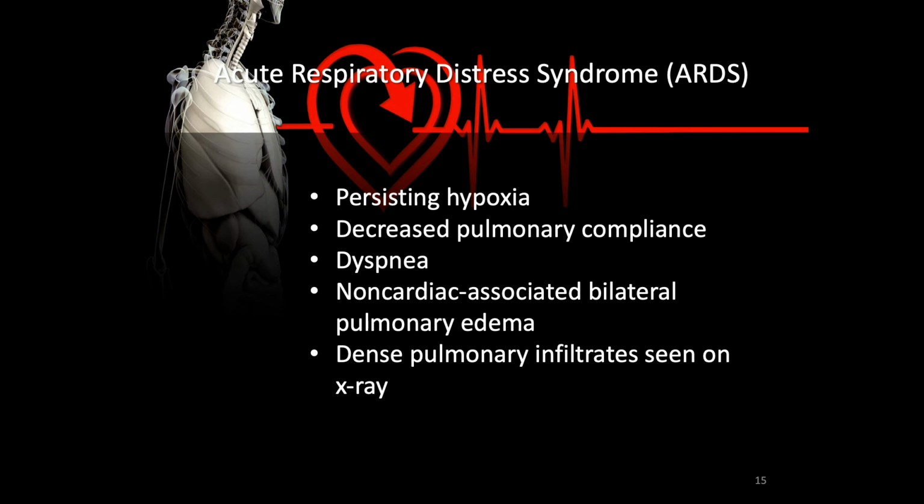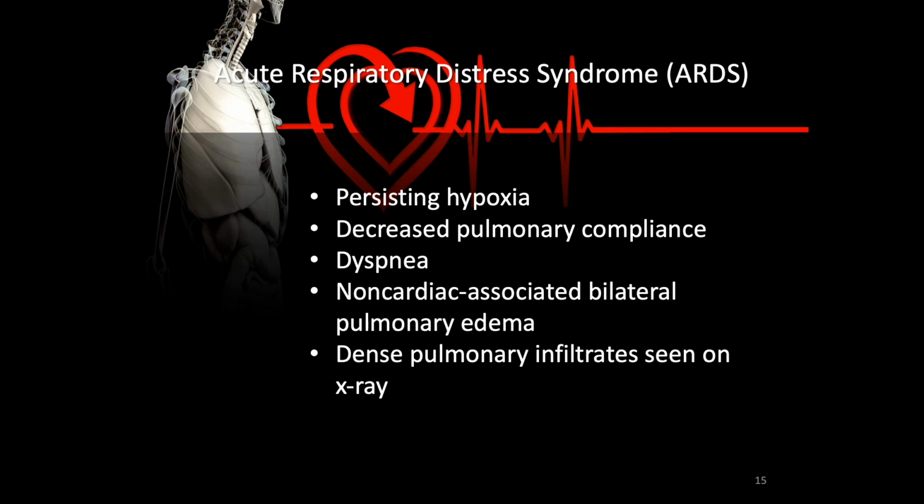Criteria as of 2012 include an acute onset of the condition within 1 week of another clinical insult, including things like motor vehicle accidents or surgeries, even infection or sepsis, bilateral pulmonary opacities not explained by other conditions, and an altered PaO2-FiO2 ratio. You should know that ARDS is divided into 3 conditions: mild, moderate, and severe.